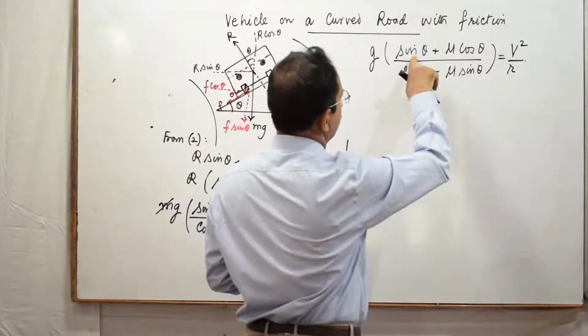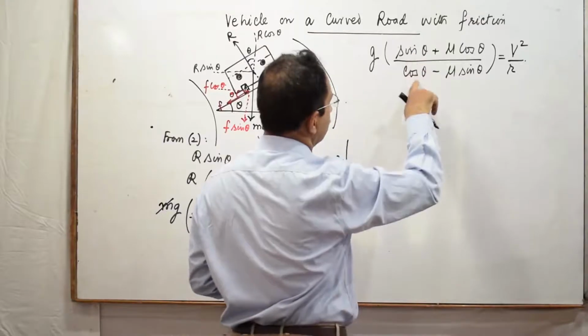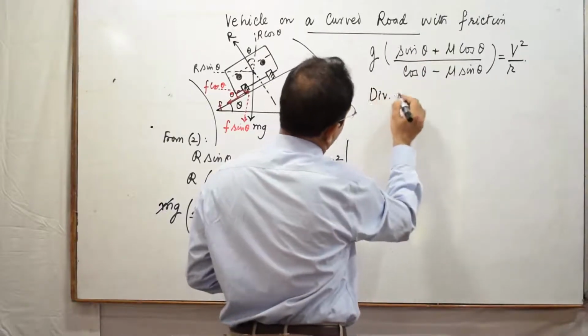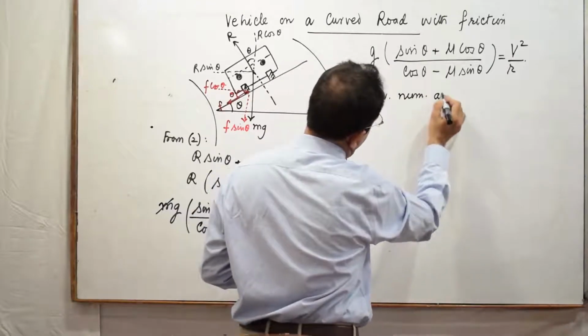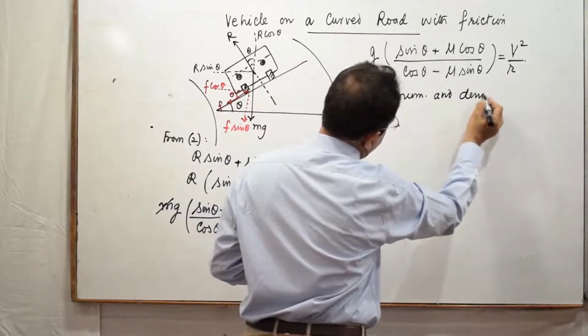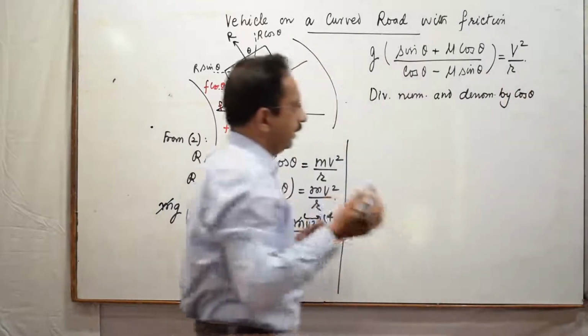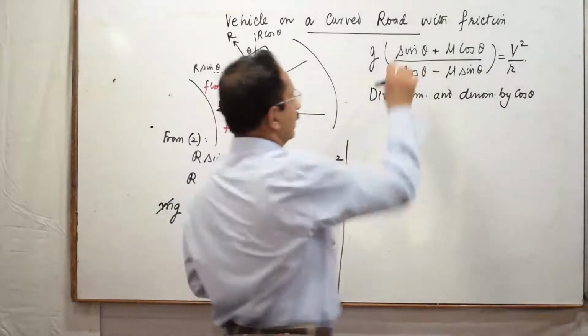So we will divide the numerator by cos theta and also the denominator by cos theta. So dividing numerator and denominator of this fraction by cos theta, mathematically this is permissible. We can write it like this.